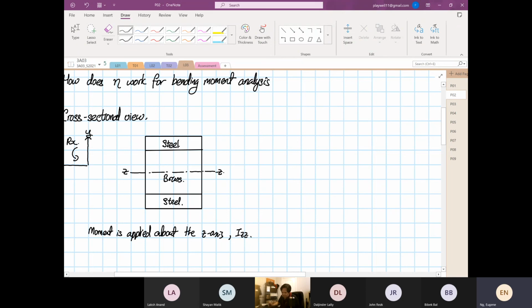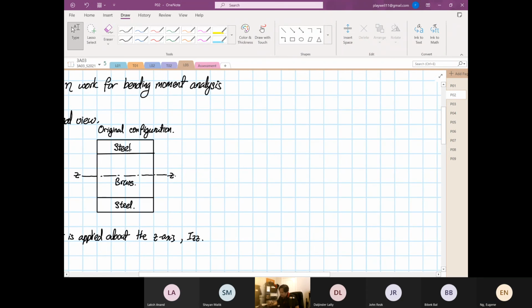So for case number one, okay, this is the original configuration. Okay, so I'm going to call it case number one. I'm going to declare that steel is the reference material.